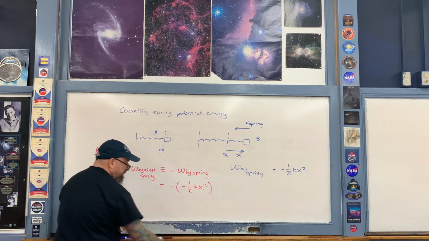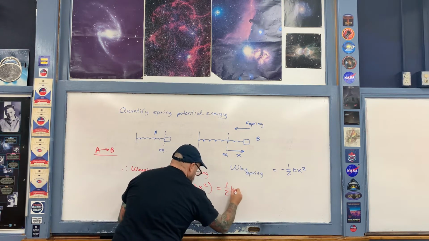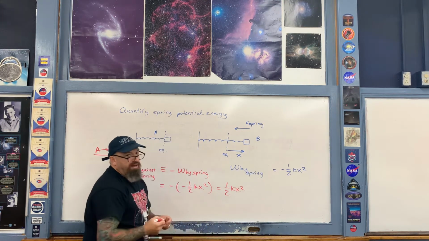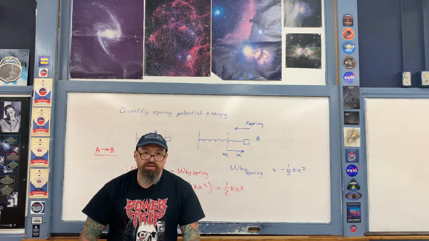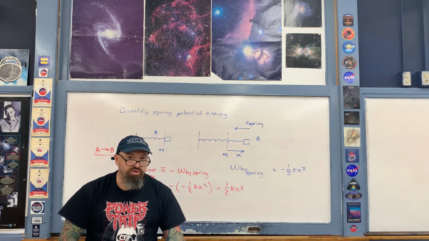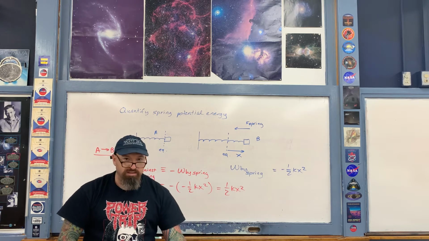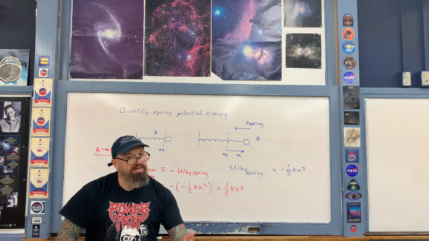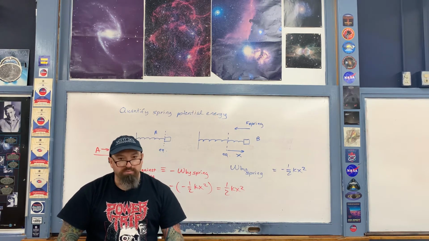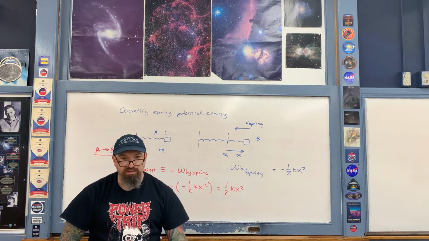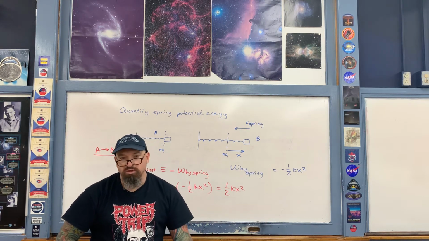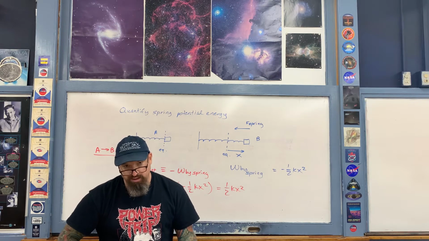This is equal to positive 1/2 kx squared. This is analogous to the following. When lifting an object vertically, the work done by gravity is negative mgh. Therefore, the work you do against gravity is positive mgh. Same thing here. In this case, the work done by the spring force is negative 1/2 kx squared. So then therefore, the work that you do against the spring force is positive 1/2 kx squared.